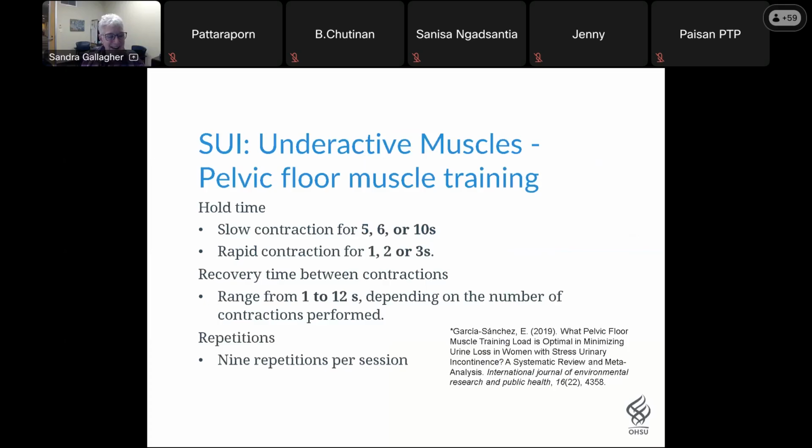Generally, this study found that 9 repetitions per session was good, and the recovery between sets of exercises should be 1 to 3 minutes. So if people did 9 repetitions of a 5-second contraction, then they would rest for 1 to 3 minutes, and they could repeat that 2 to 3 times. And it will take 6 weeks for there to be a visible change.